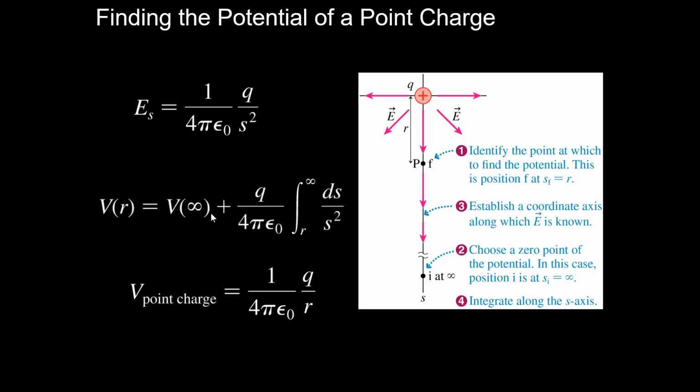The other thing is that since the charge is localized, what we mean by localized is that the charge doesn't extend off to infinity, like an infinite line charge or an infinite sheet of charge. If the charge is localized, it's possible for us to set the reference potential at infinity.